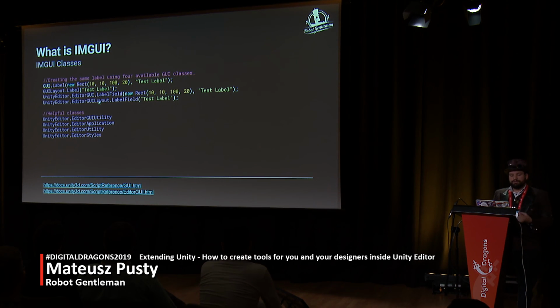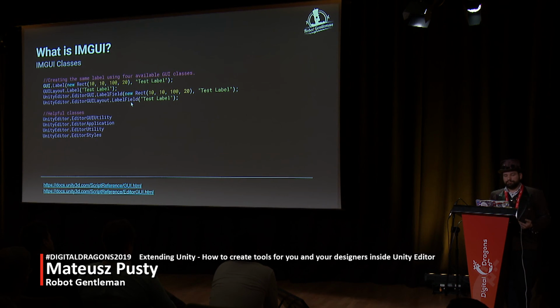It's very important because you cannot use Editor code inside your runtime code. If you do this, the compiler will give you an error during the compilation that there is some Editor code. But you can use GUI and GUILayout inside your Editor-only code if you want to.